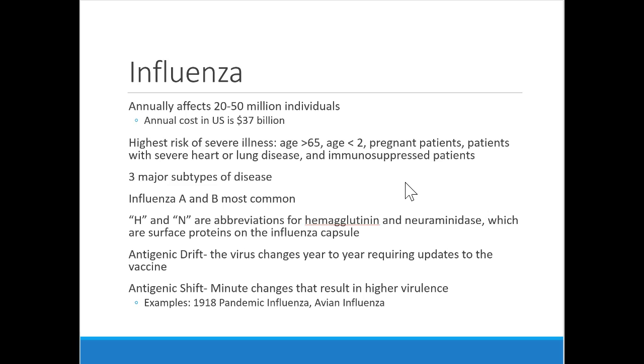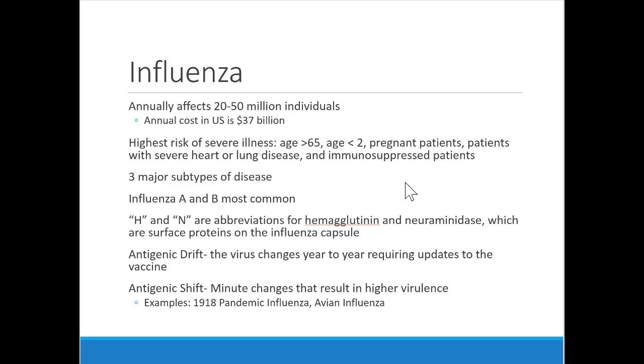And so when you hear about H1N1 or H3N2 or whatever the subtypes may be, those are different types of proteins which are expressed on the influenza capsule, and those make up the different ones. So when we're making a vaccine, we have to target a specific subtype of an H something N something virus. And if we mess up, if we predict H3N2 and it's H1N1, then we're in trouble. We aren't going to get it.